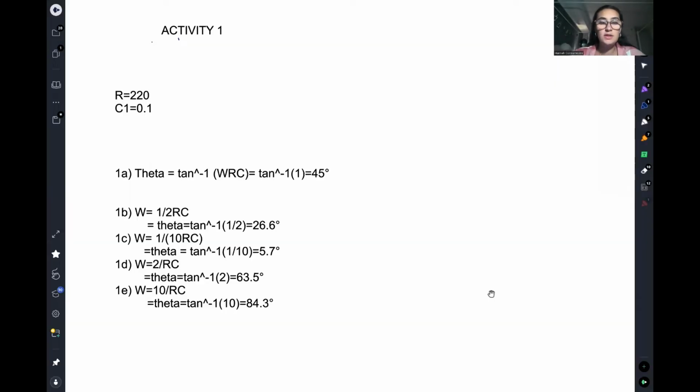Okay, so basically I'm doing activity number 1 with Muhammad. For this activity, we put the R equal to 220 and C1 equal to 0.1. I had to type it out because my tablet's acting up for some reason. The pen is being annoying.